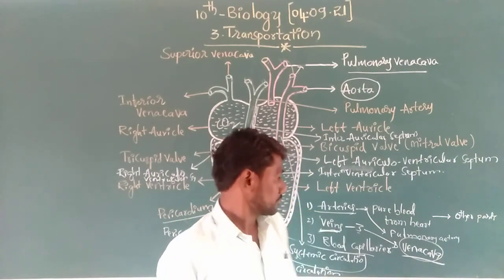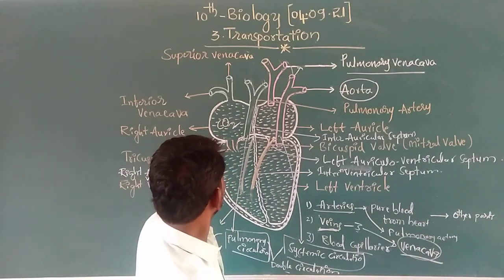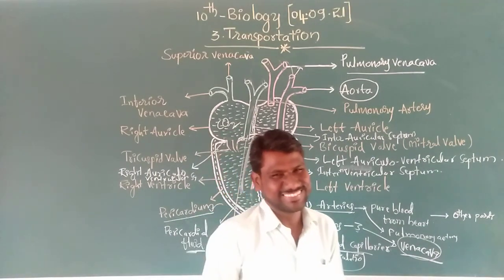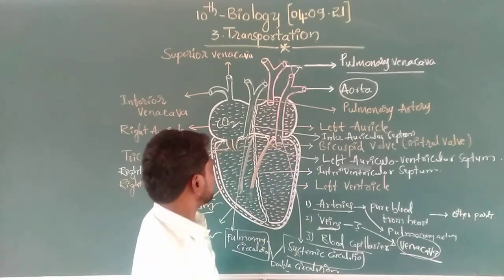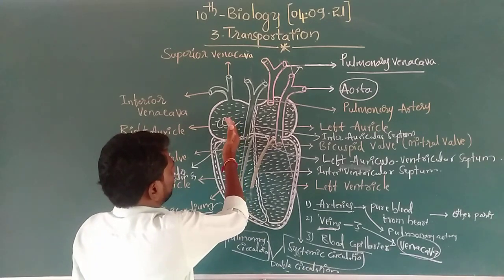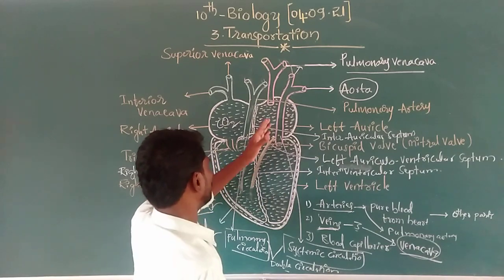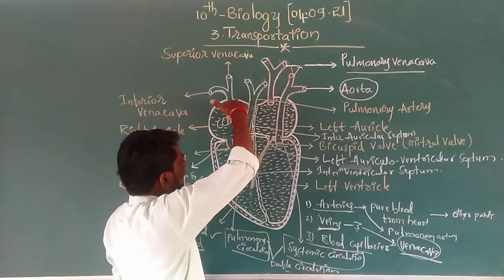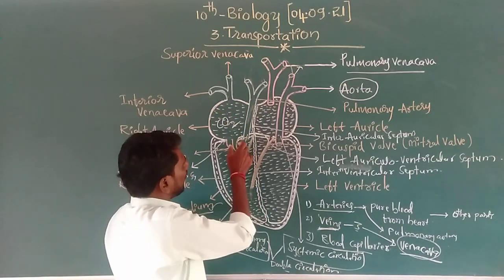Next, when impure blood reaches the right auricle and pure blood reaches the left auricle, what happens? The impure blood reaches the right ventricle through the valves.